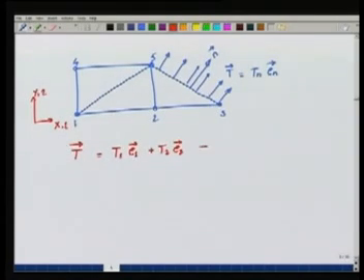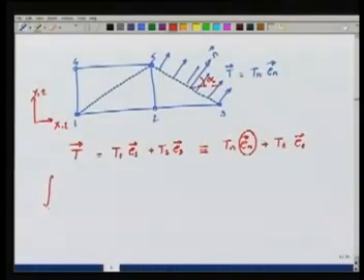This is also equivalent to writing it as Tn En plus Tt Et. Now how is Tn given? This is angle alpha. So En will be obtained quite easily. That's not a problem. The components of En will be cos alpha i and sin alpha j. So I can write it like this.